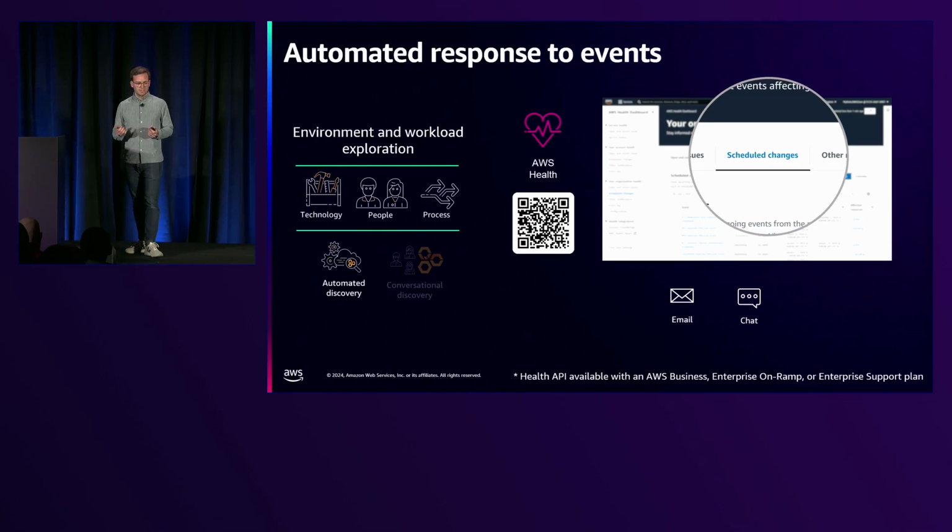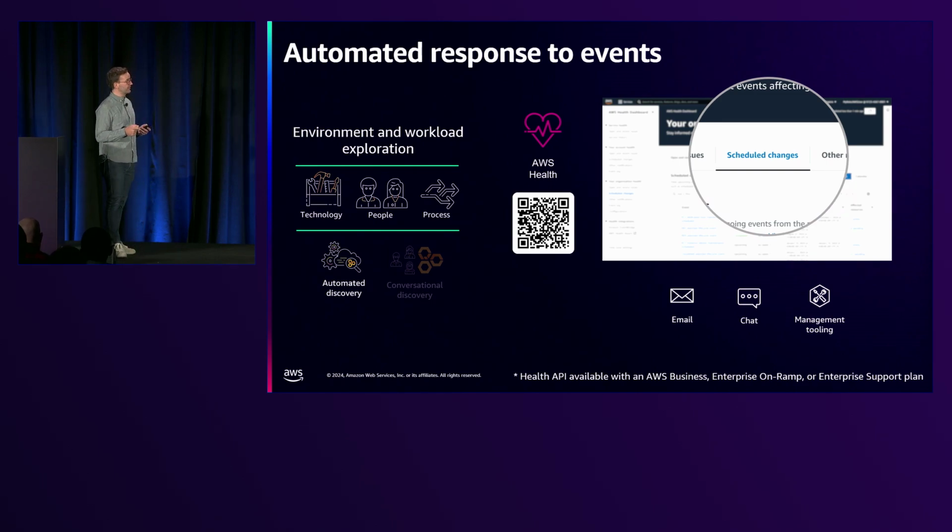What you can do is trigger emails or start a chat with the correct team automatically, with the ops team, for example, for Kubernetes, to say, okay guys, you need to update the kube engine because we are reaching the end of support. But you can also do it in a more automated way, maybe not one-to-one conversations, but integrate that within your management tooling to raise a ticket to the correct team and manage it again at scale.